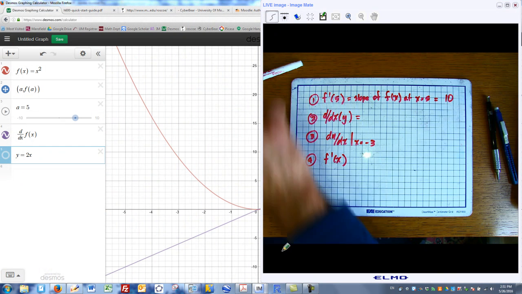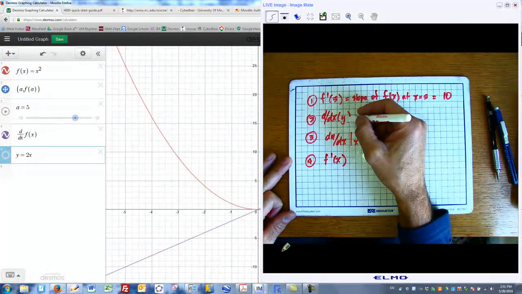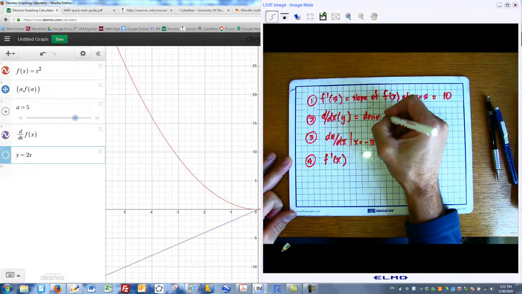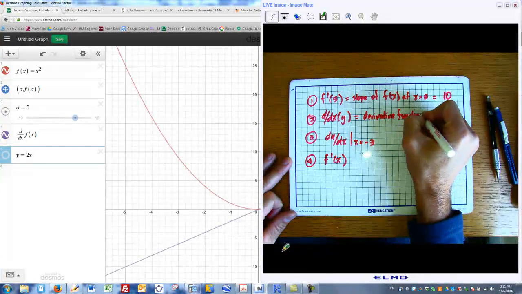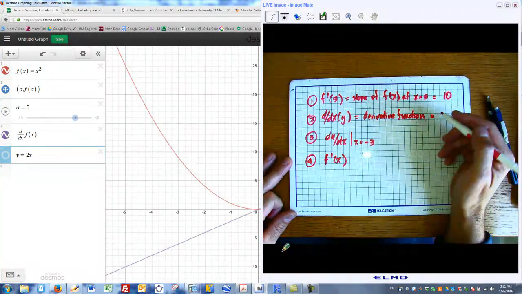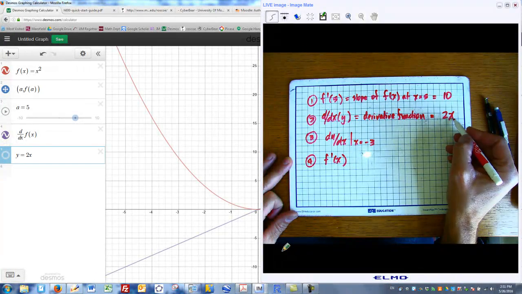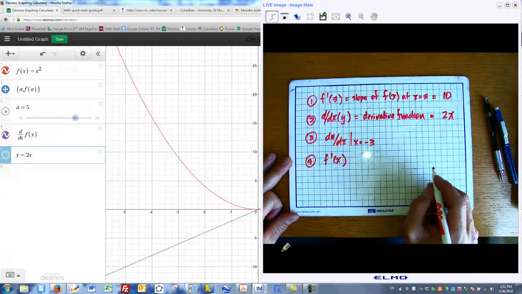So it appears that the derivative function of this is 2x, which seems to make sense because 2 times 5 is 10, and that's what the derivative valued at 5 should be.